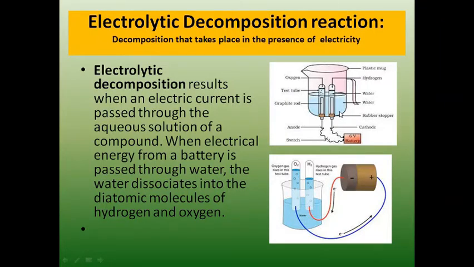Now what will you observe? You will observe, look here, both gases, when the apparatus is switched on, electricity is passed. After some time you will observe that bubbles of the gases are being formed at both carbon electrodes inside the test tubes containing water.